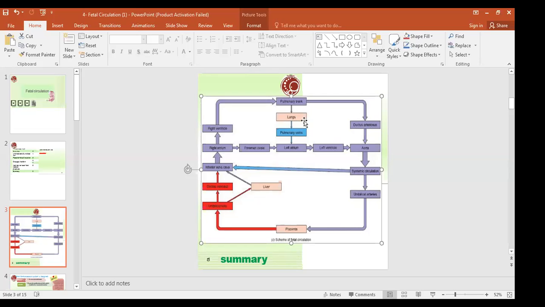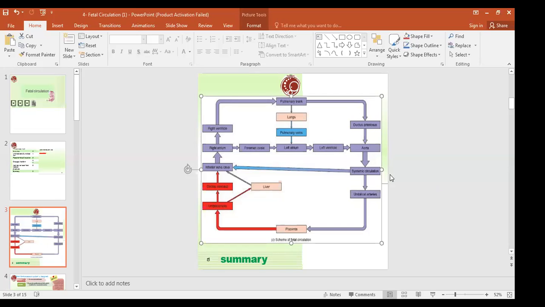And from there, through the pulmonary vein, the blood which has been brought to the lung will come to the left atrium, and it will mix with the well oxygenated blood which has been brought through the inferior vena cava, through the right atrium, foramen ovale, and to the left atrium. From there, it will go to the aorta.